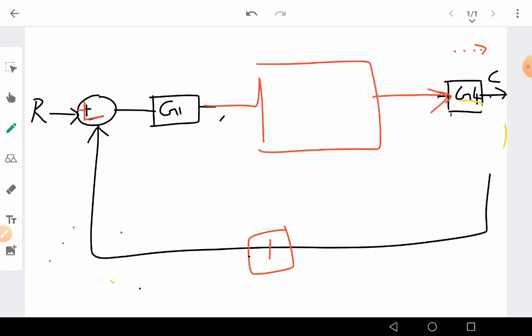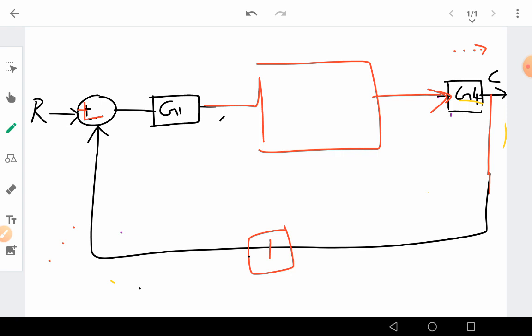This one has been changed to here. Now this one can remain here only, not a problem, or I can change it here if I give a gain G4.